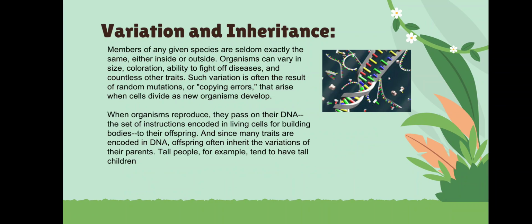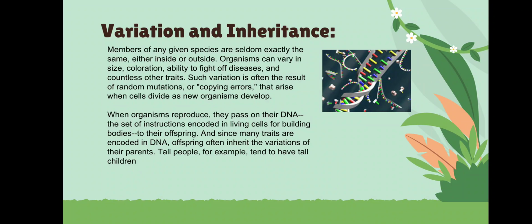Variation and inheritance. Members of any given species are seldom exactly the same, either inside or outside. Organisms can vary in size, coloration, ability to fight off diseases, and countless other traits. Such variation is often the result of random mutations or copying errors that arise when cells divide as new organisms develop.